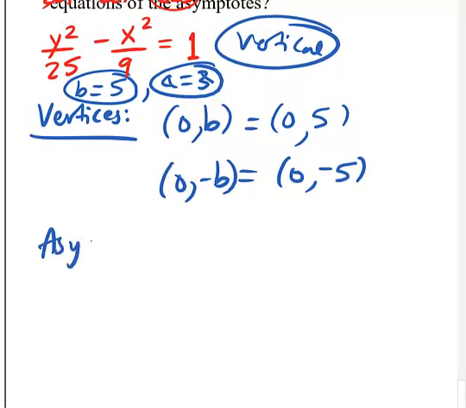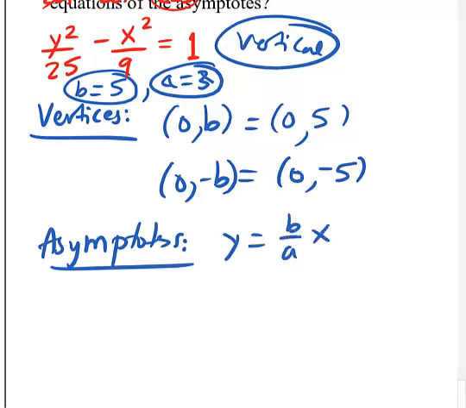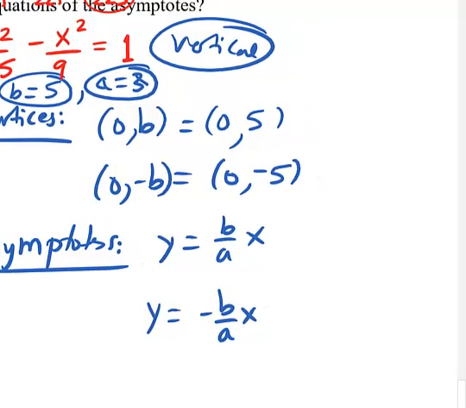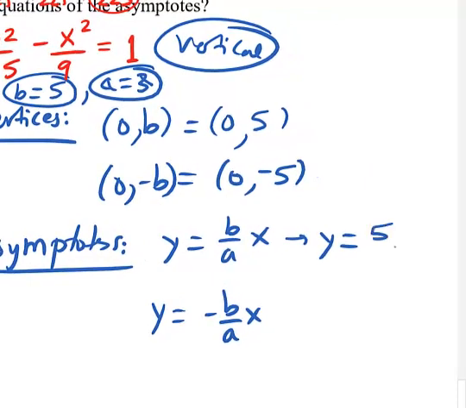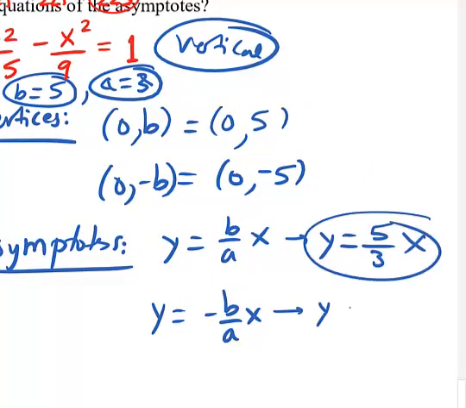And then my asymptotes, like we said, are always the same no matter which type you're talking about. It should be y equals b over a x, y equals negative b over a x. b was 5, a was 3, so y equals 5/3 x. Similarly here, but negative.